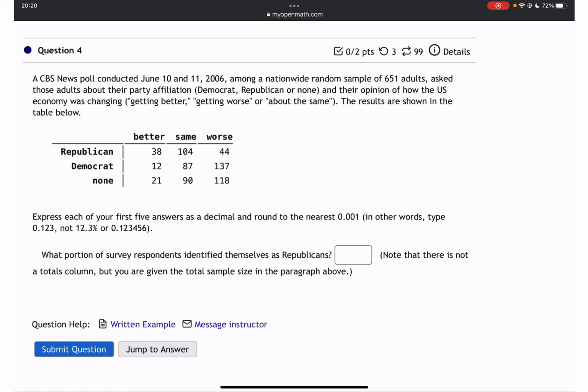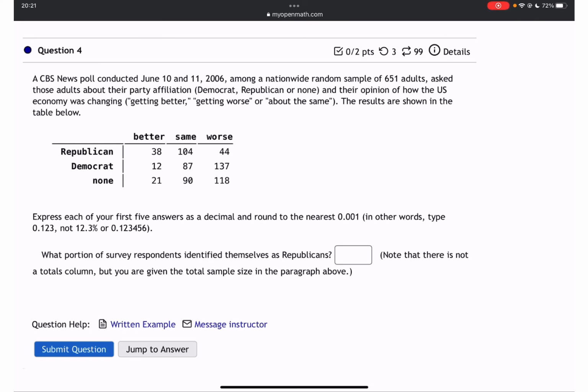Because it's asking portion, that means it's going to be percent, and percent is identified by relative frequency. So what we're going to do, the total amount of Republicans is going to be 38 plus 104 and plus 44. And we are getting 186.